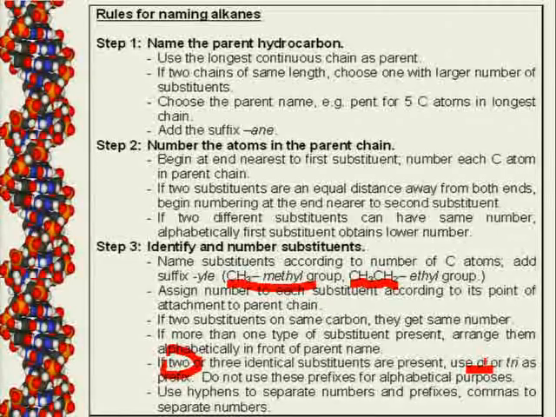For example, if you've got a methyl and then somewhere you've got ethyl, the di will not affect, and then you say D comes before E. So here you must look at the name of the substituent, which will be the M, the methyl, not the di. You don't look at the di for the naming. And then lastly, you must separate the numbers with the comma and then the number and the word with the hyphen. You'll see when we write the name of these compounds.